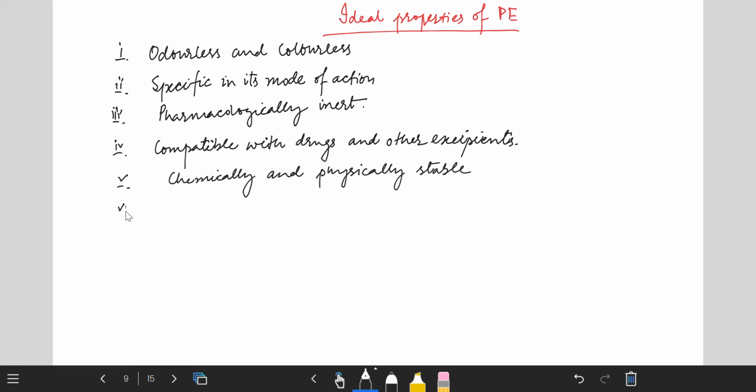And the last one is it should be non-allergic, non-irritant and non-toxic.